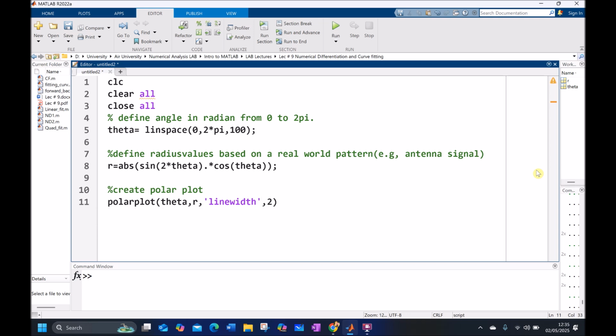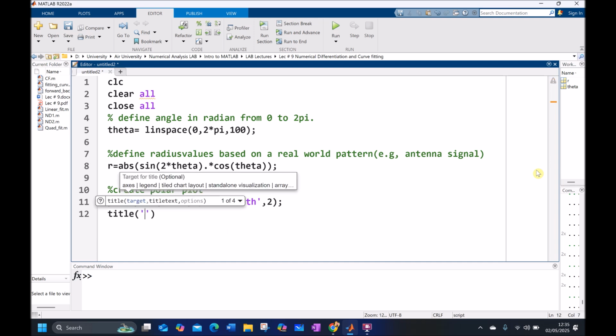You can adjust according to your requirement. After that, I am defining my title: two-dimensional polar plot of signal strength pattern.